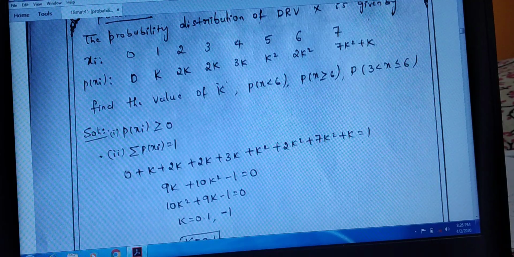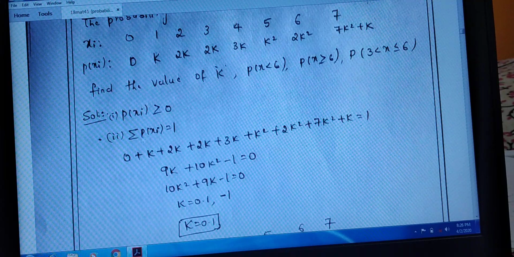Here you will get all positive values. By using this you can find the value of k. Add all the p of xi values: 0 plus k plus 2k plus 2k plus 3k plus k square plus 2k square plus 7k square plus k. The sum of all these values must be equal to 1.